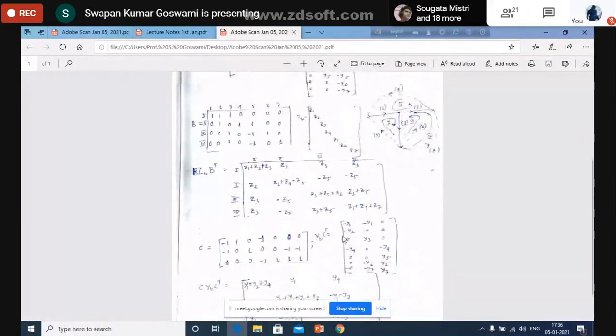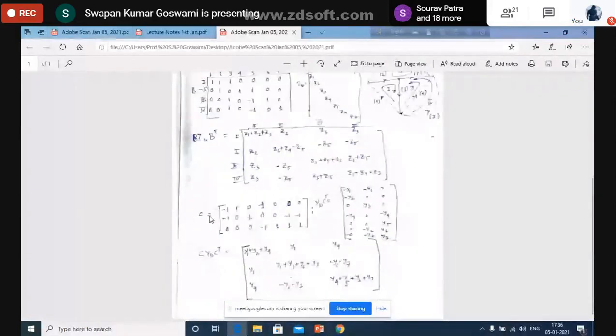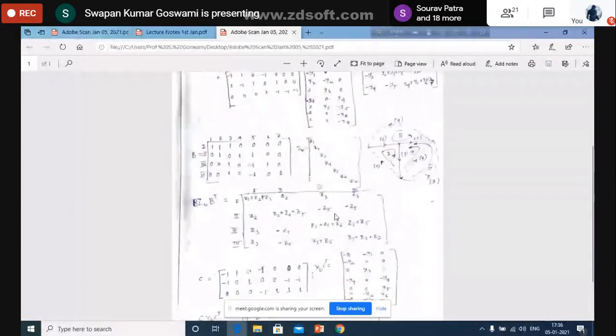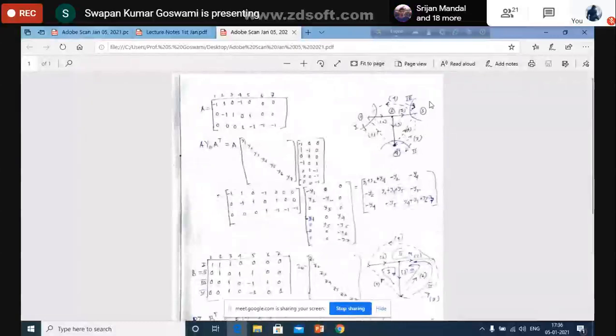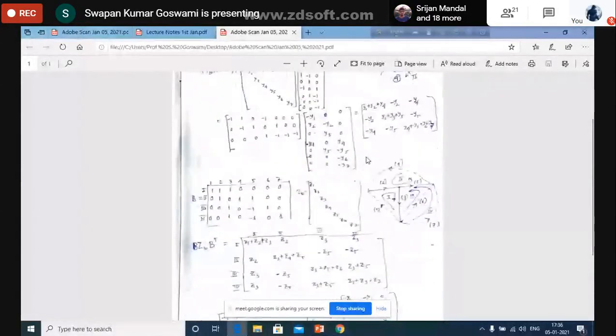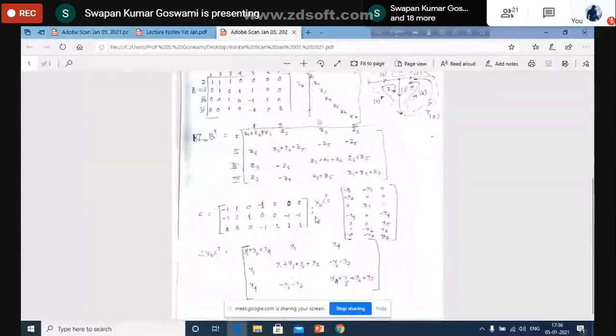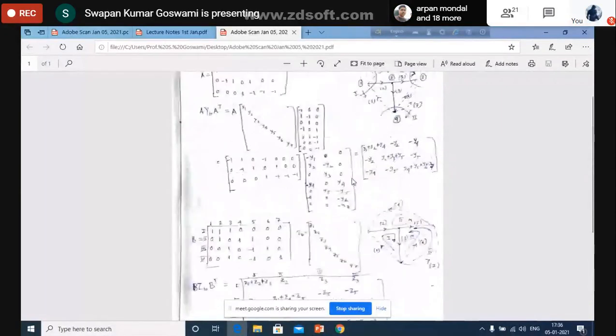Similarly, now if you form the C matrix for this simple tree we have selected, you see that this is the C matrix. So YBC transpose will be like this, CYBC transpose will be like this. Now you can identify this actually.